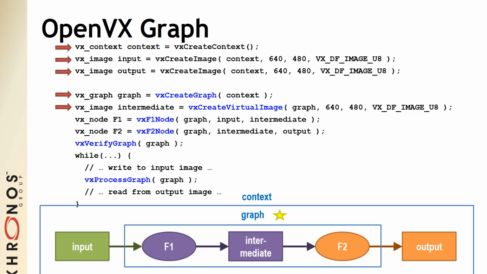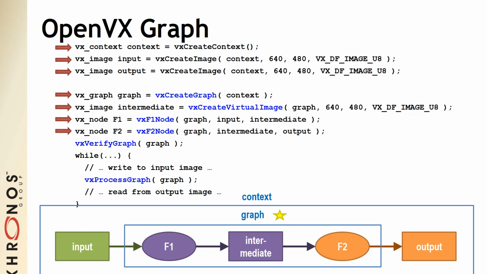We will never look at this particular virtual image because it's intermediate, so it gives a chance for the underlying framework to optimize certain things. Then add two nodes. The first one connects the input to the intermediate image, and the second one from intermediate to the output. Here we use F1 and F2 as placeholders. These F1, F2 can be image filters such as dilate or erode operations. This builds the graph that is shown in the diagram below.